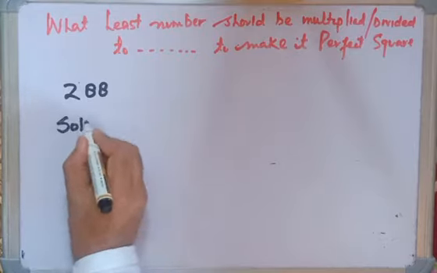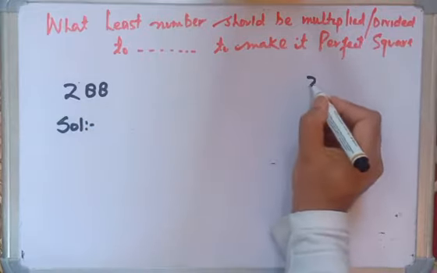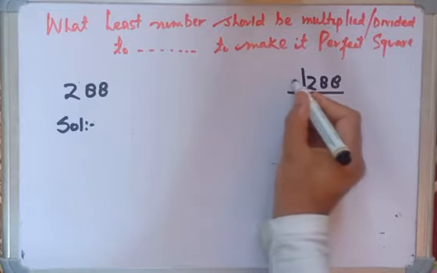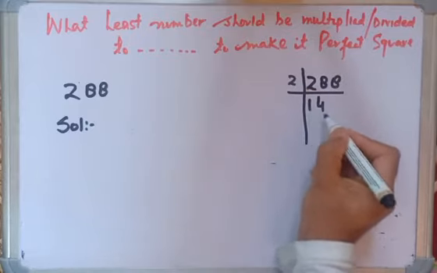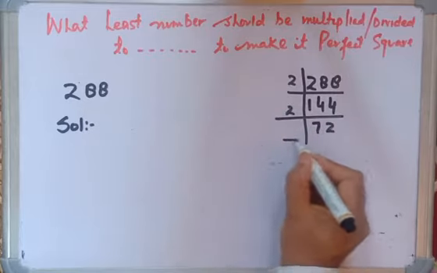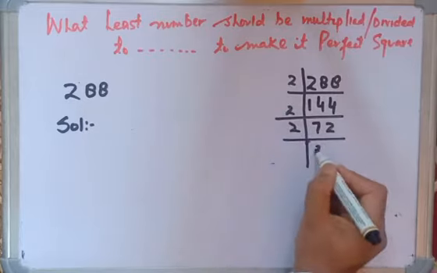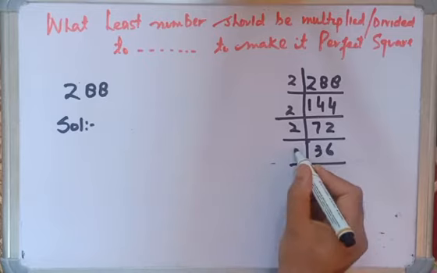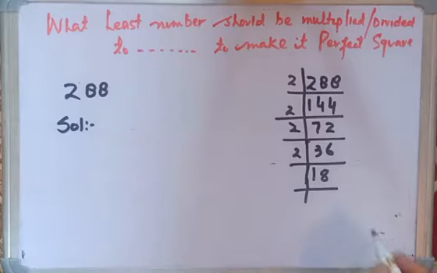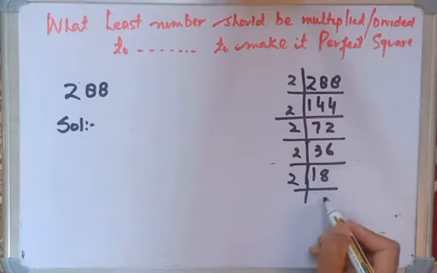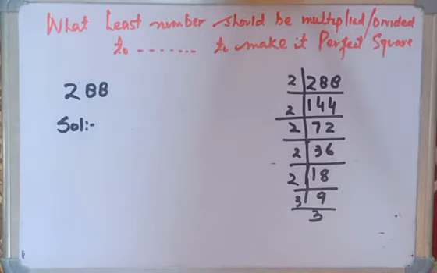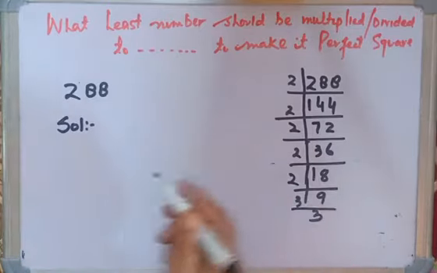So first we will factorize this number. Factorization is done in this way: 2 1s are 2, 2 4s are 8, 2 7s are 14, 2 2s are 4... 2 8s are 16, 2 9s are 18, 3 3s are 9. Okay, these are the prime factors of 288.